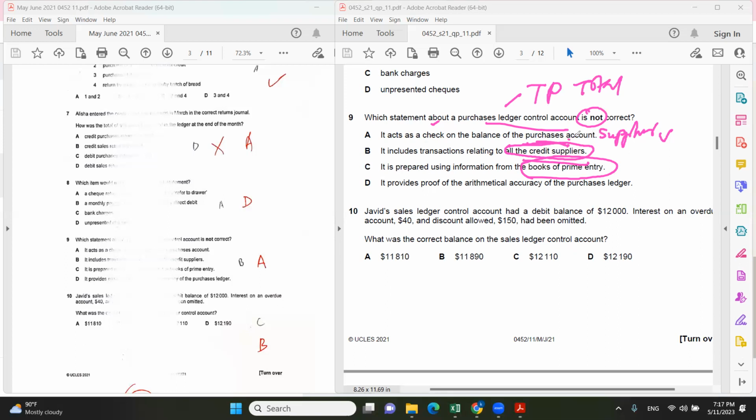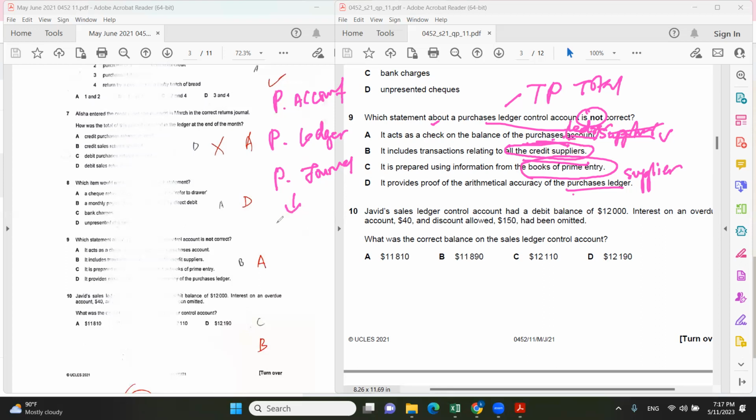It provides proof of the arithmetical accuracy of the, oh sorry, this is purchaser's account, not purchaser's ledger. The differences here: these two, here is a purchaser's account, here is a purchaser's ledger. Purchaser's ledger records suppliers. This is an account, this is a ledger. The differences between the terms purchaser's account, purchaser's ledger, and purchaser's journal.